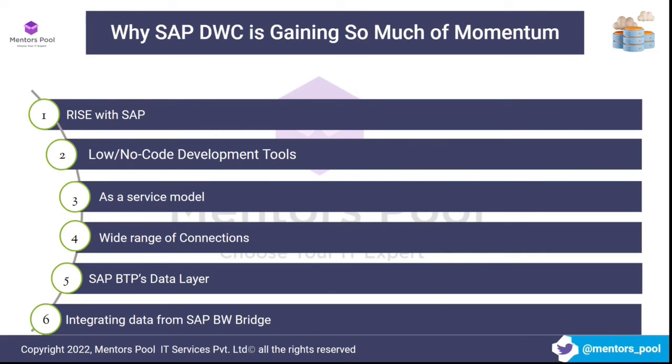So now the time and money required to get into data warehouse cloud in an as a service model is very minimal. So more and more customers are adopting data warehouse cloud over a typical on-premise data warehousing solution, right? And then we have a wide range of connections like we saw just in the previous slide.